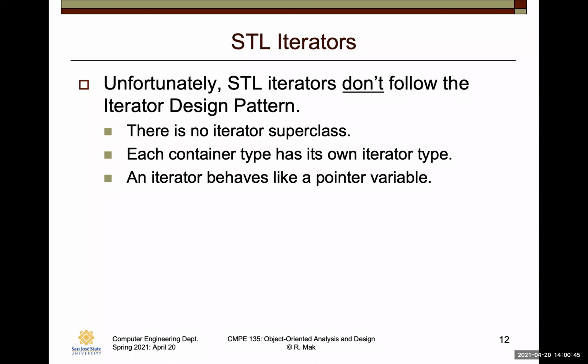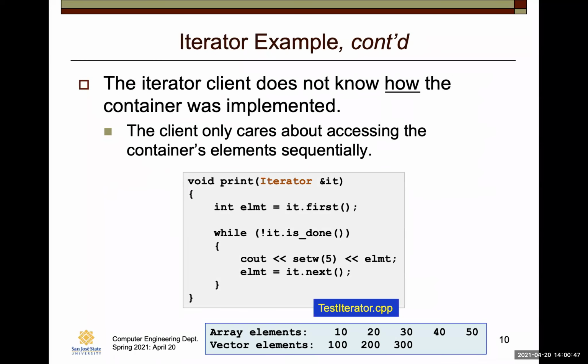If you want to have a generic print function that works with any iterator, then you want to use the design pattern, because here you can see that iterator is the superclass, and using polymorphism and coding to the interface, we just have to write one print function that will work with any container.